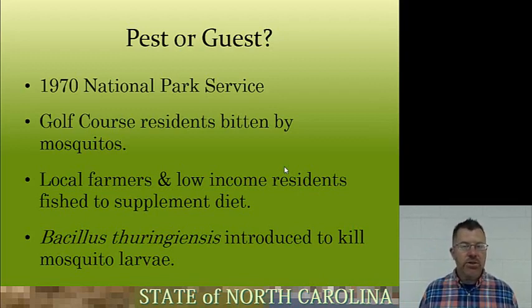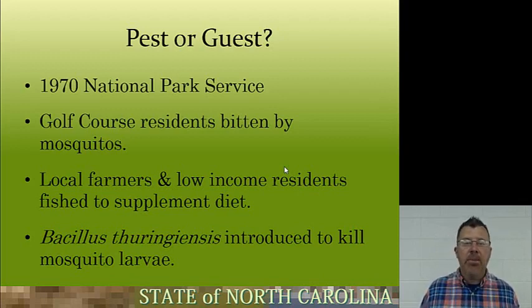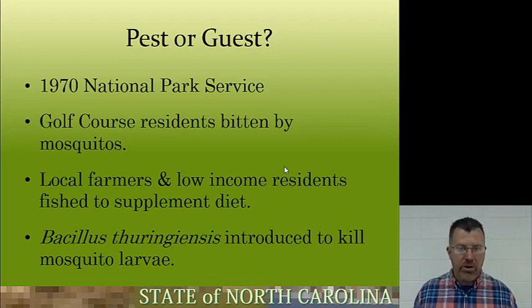You're looking at two different sides of two different teams. Golf course residents, it was a pest. With your farmers and lower income making families, the mosquito larvae was a guest because it was helping them eat.